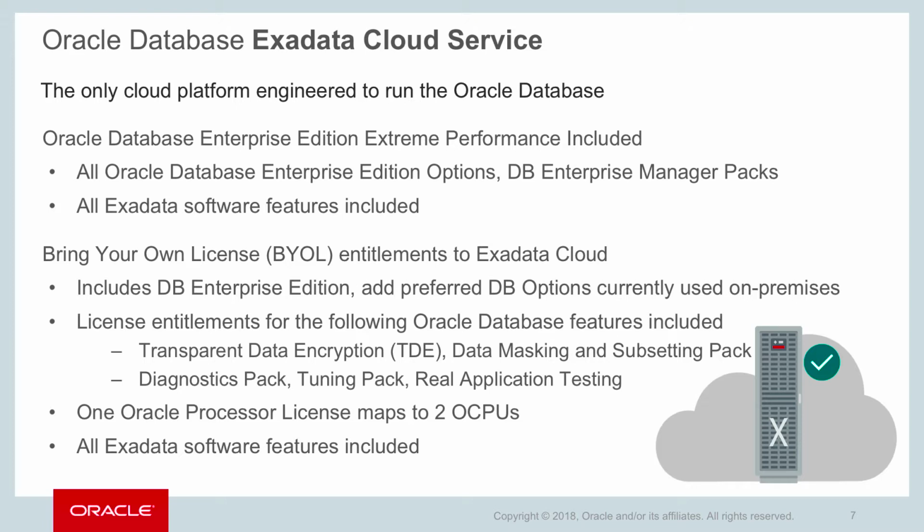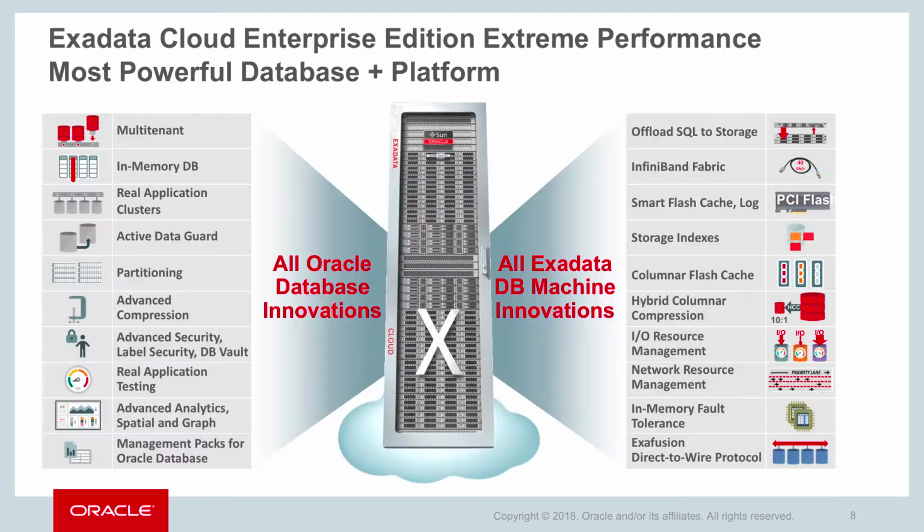This includes transparent data encryption, data masking and subsetting pack, diagnostics pack, tuning pack, and real application testing. One Oracle processor license maps to 2 OCPUs when you bring your own license to Exadata Cloud. Also, all Exadata software features are included.